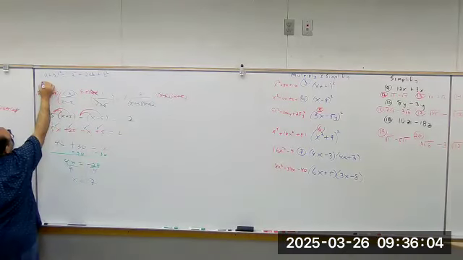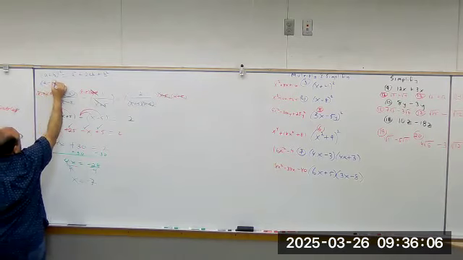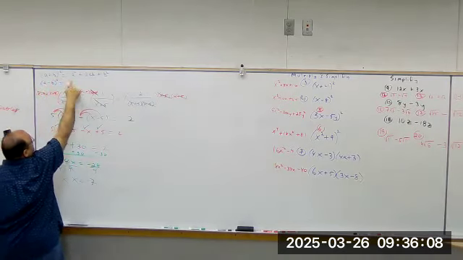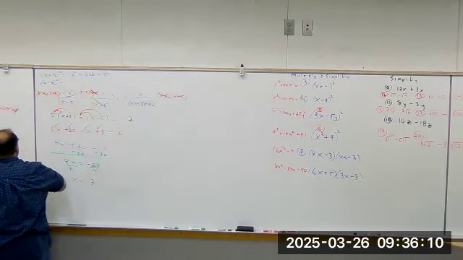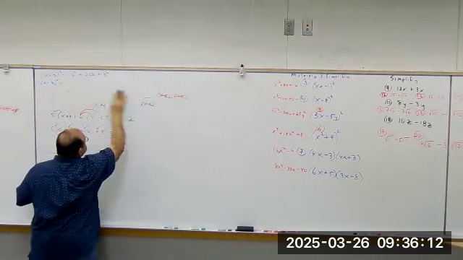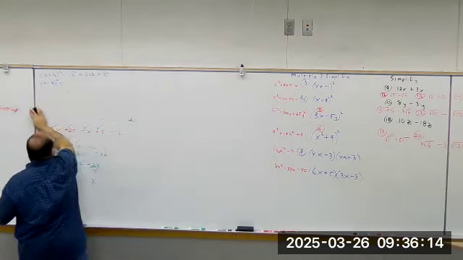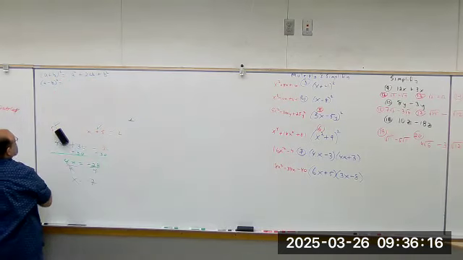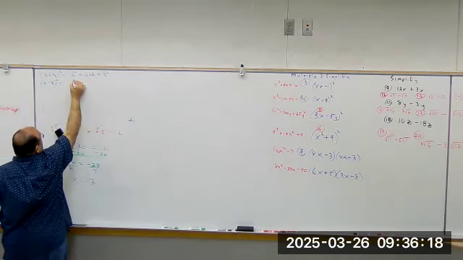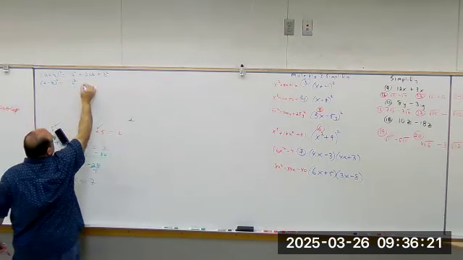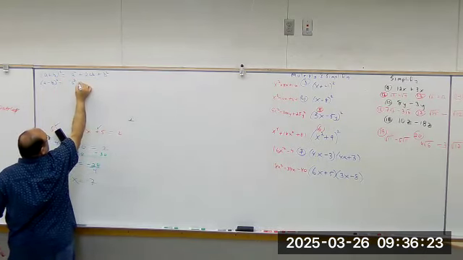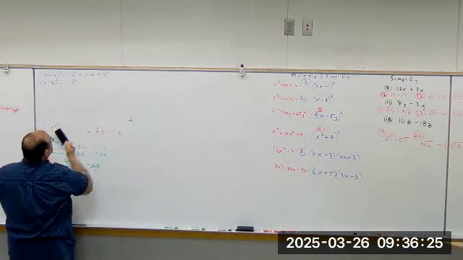If you have subtraction, a minus b squared, it is exactly the same terms, except the middle is a minus. It's still going to be an a squared. It's still going to be a 2ab, but it's going to be a minus 2ab.